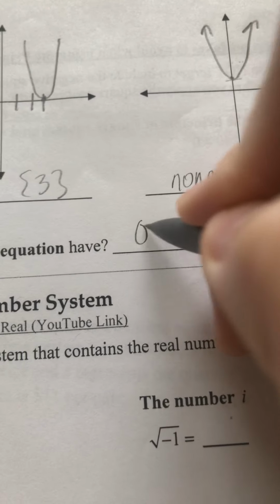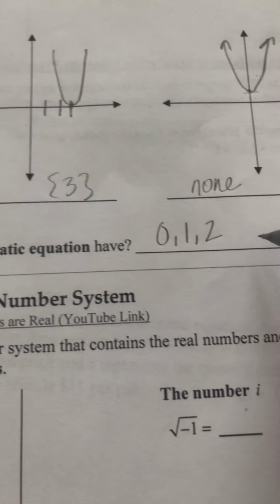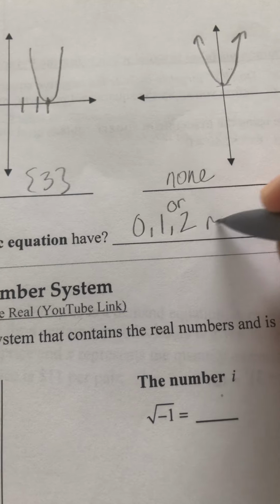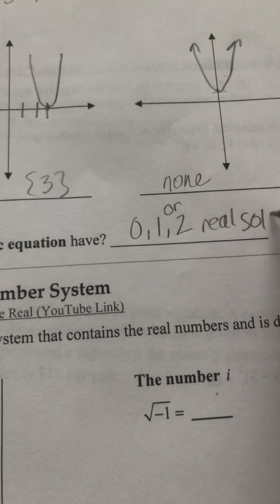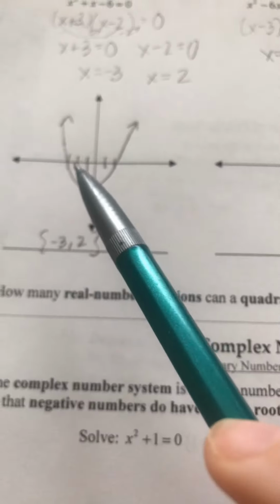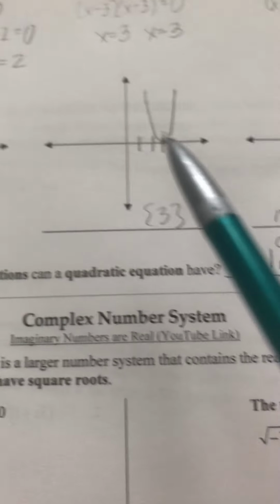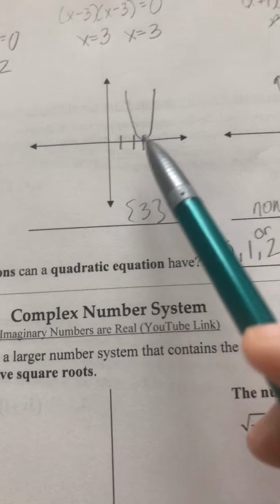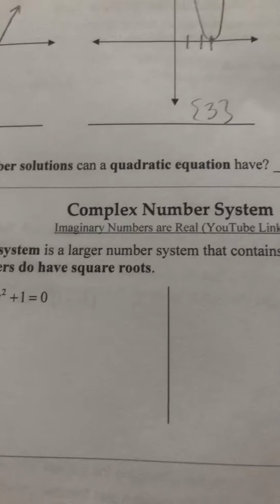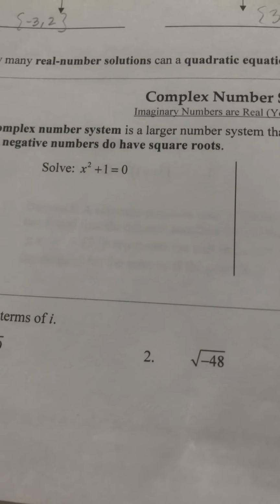So it can have 0, 1, or 2 solutions. And I'm going to put that they're real, and you'll see why in a minute. So it can cross the x-axis twice, once where it just bounces off the x-axis, or not at all. And we prove those by looking at the quadratics and solving them.